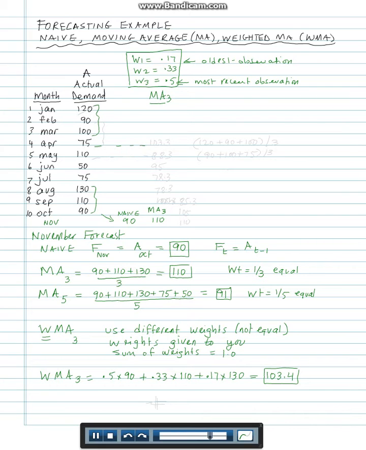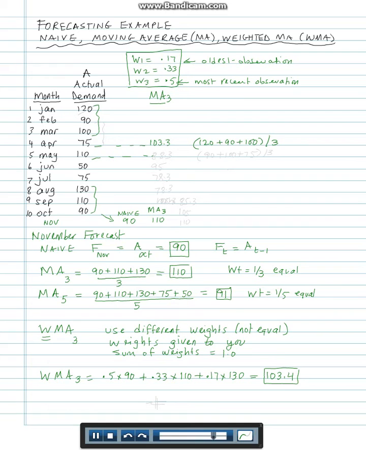I can take the 120, 90, 100, add them up, and divide by 3. And so the forecast, if I were to calculate it for April, would have been 103.3. Now if I calculate what the forecast for May would have been, since this is a moving average, I need the most recent 3 observations.